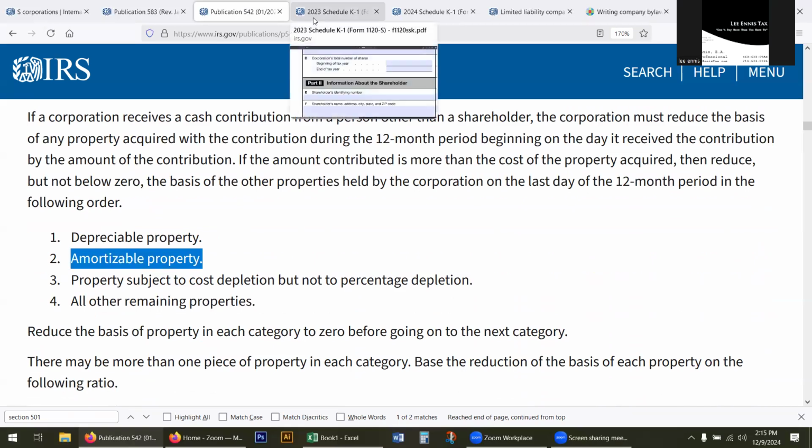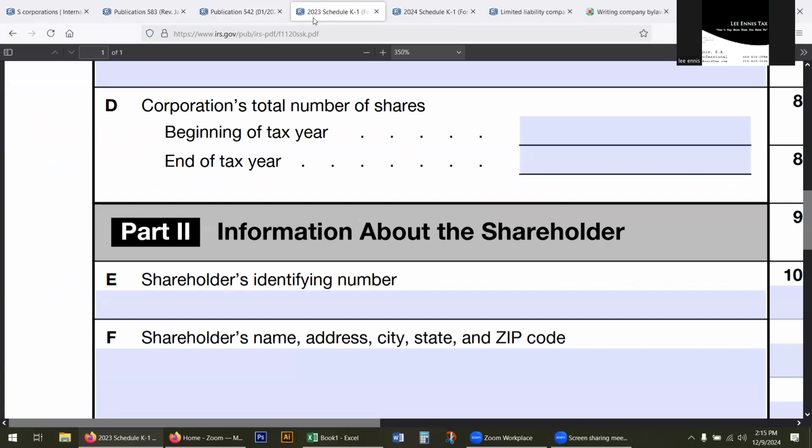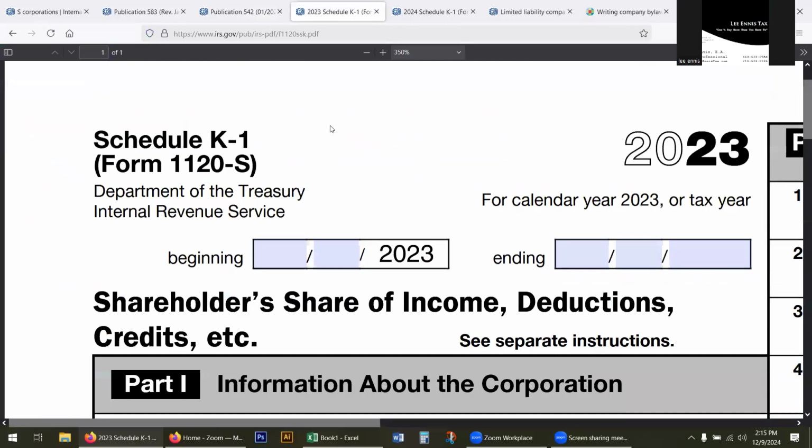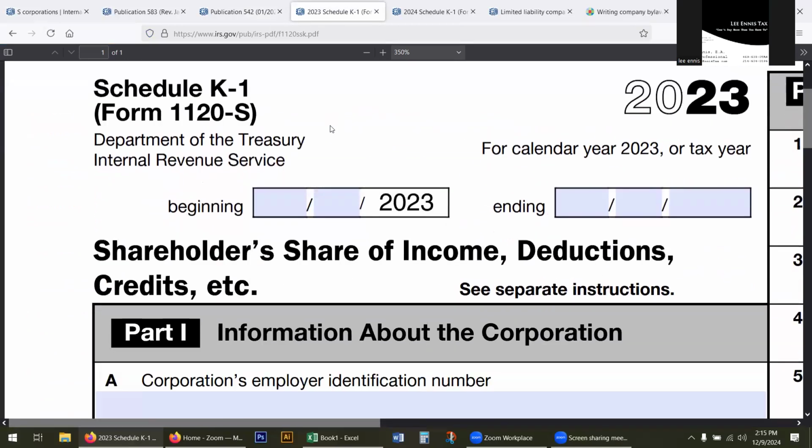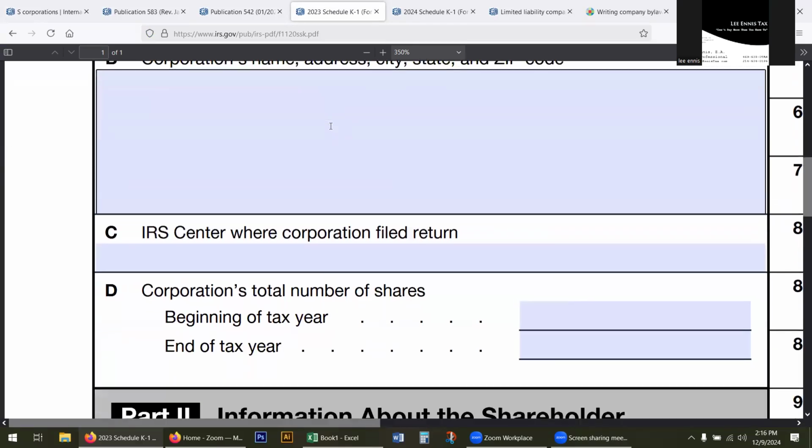All right. So I want to talk just real quick about how that works as far as exchanging shares and what that looks like. Okay. So this is a K1 from an S corporation. If you are an investor in an S corporation, you will receive a K1.